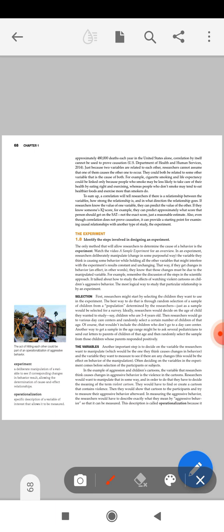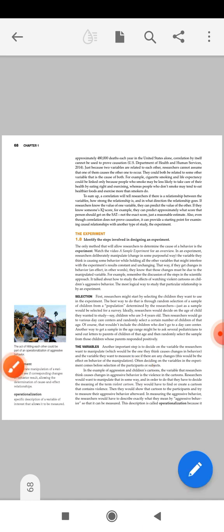And that's why your experiment cannot give accurate results in a single study. And that's why when a study is published, it is repeated by other researchers also, so that the study can be confirmed. That's all about experiments.